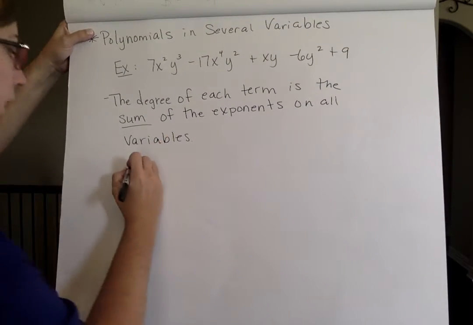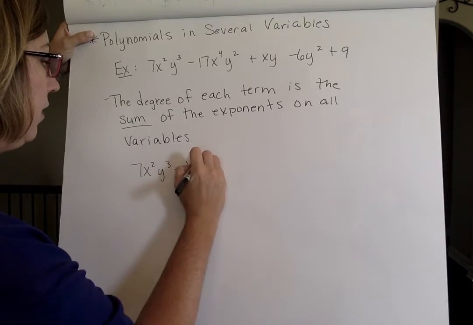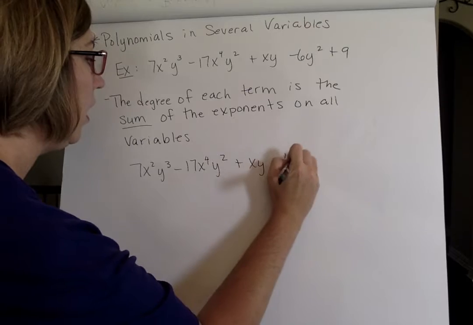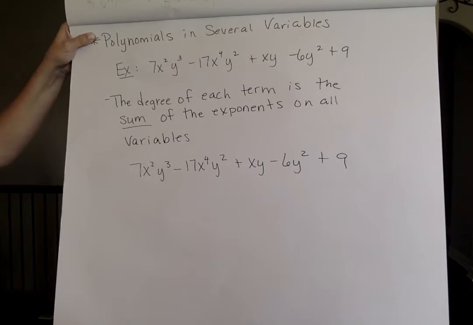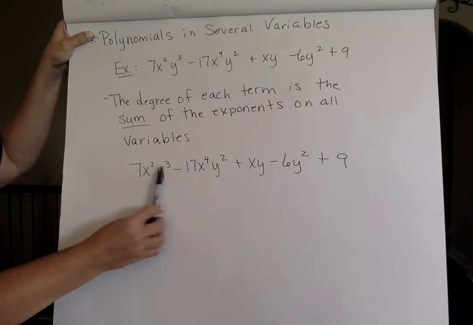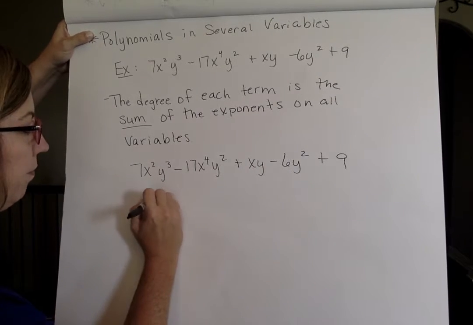So for our example of 7x squared y cubed, 17x to the fourth y squared, xy, 6y squared plus 9, okay, the degree of each term, in this case, we have to add these exponents together. So the degree of this term of 7x squared y cubed is 5.